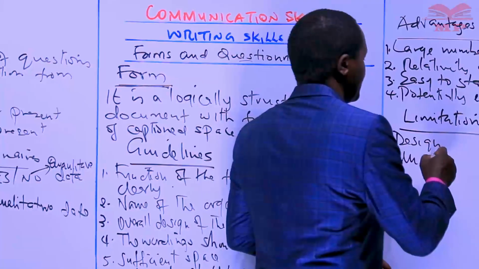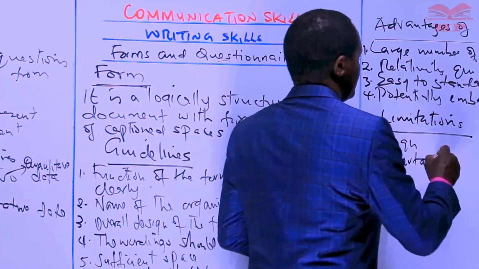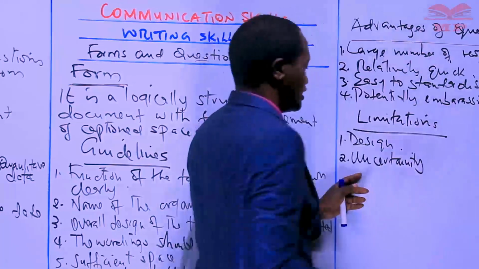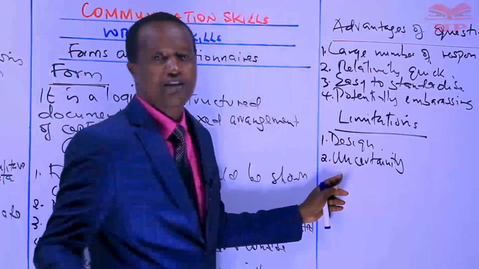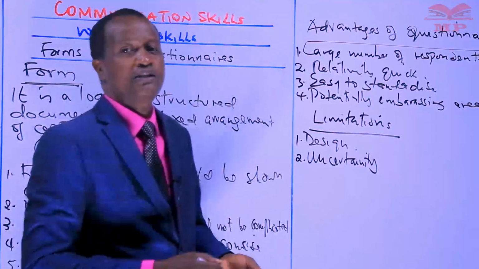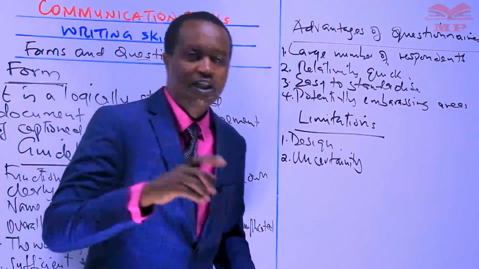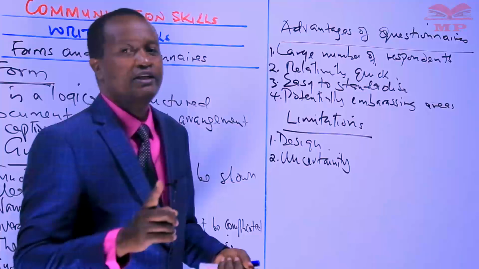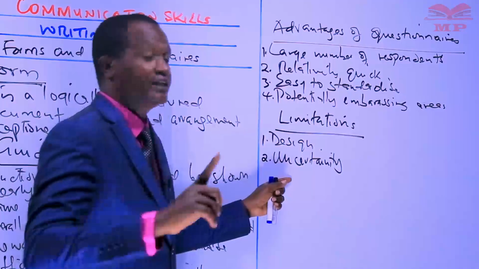This is uncertainty. The researcher cannot be certain that the one who received the questionnaire is the one who filled it. So that is a limitation, especially where the researcher is targeting certain individuals.